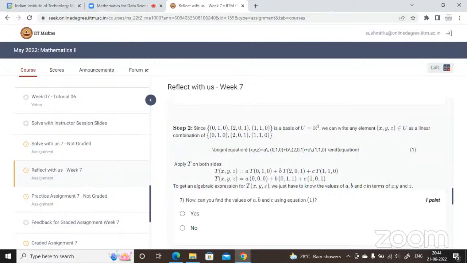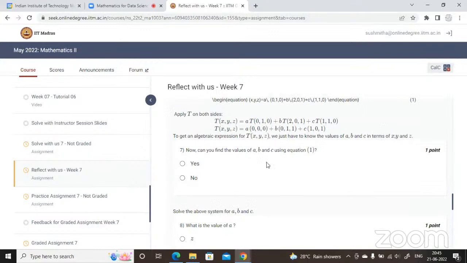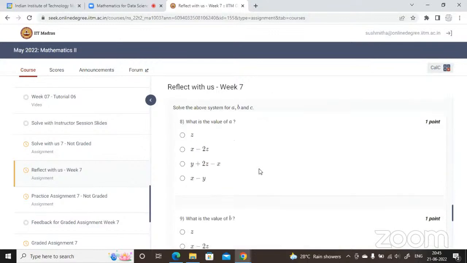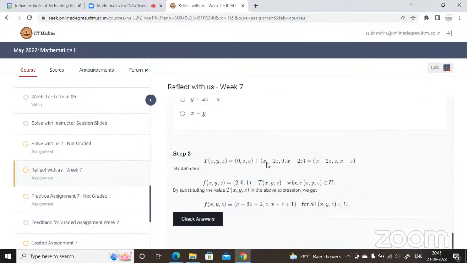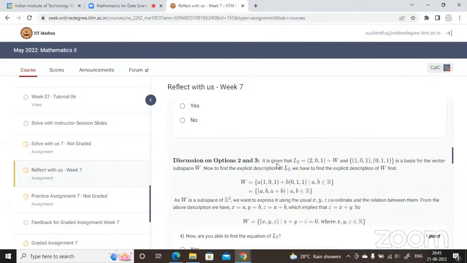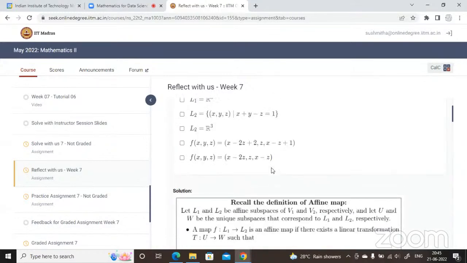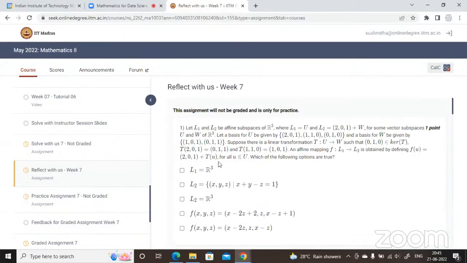For that, we expressed x comma y comma z in terms of the basis elements 201, 110, 010. Once we get the linear transformation, we know the affine mapping. You just have to shift it by the given vector 2, 0, 1: f is equal to 2, 0, 1 plus T of u. Is it clear? Yes, ma'am, it is clear.